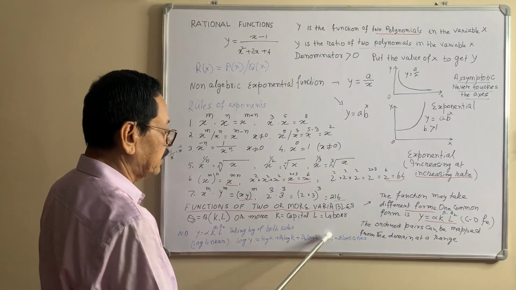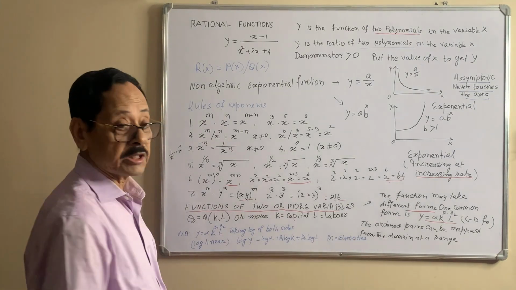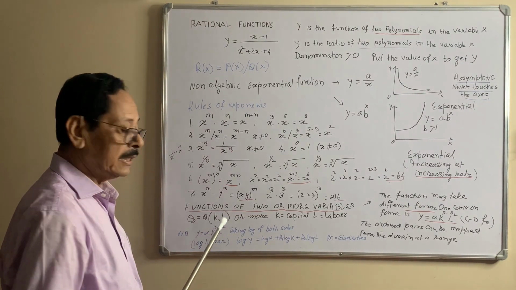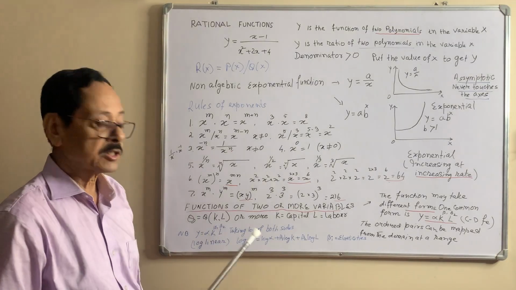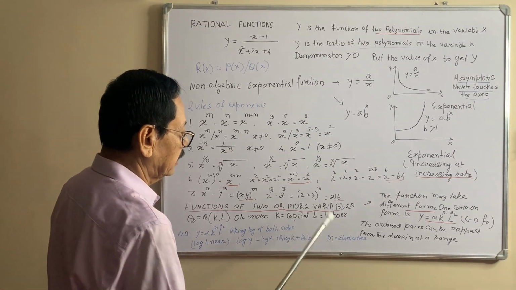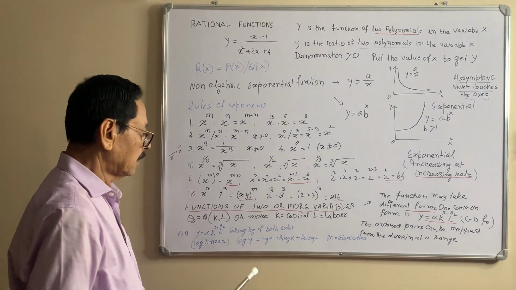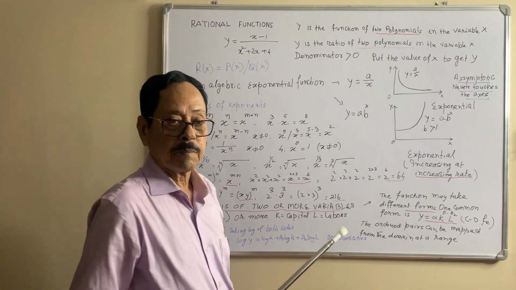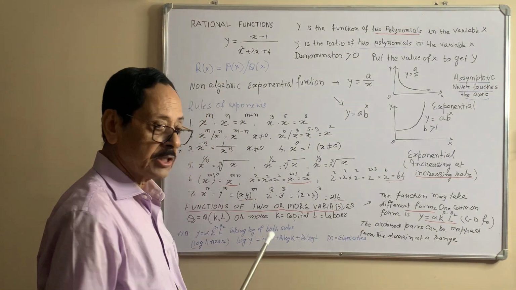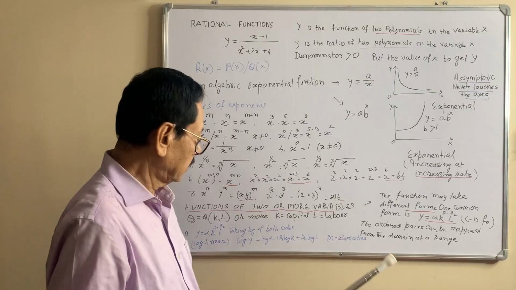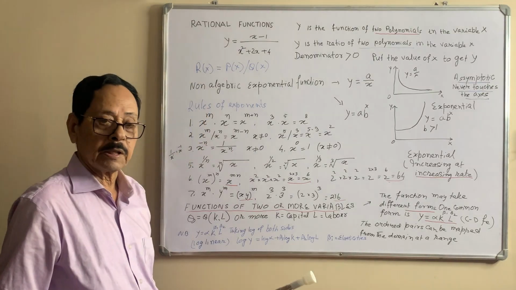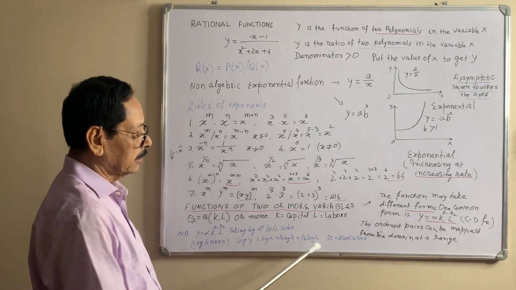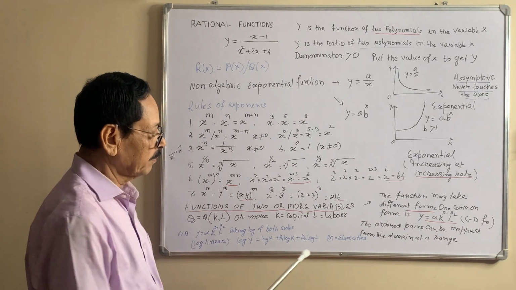Beta 1 and beta 2 are elasticities. In a power function, the power is the elasticity itself. So we can find the elasticities. It means if that particular variable is changed proportionately, whether y changes by a greater or lesser proportion than the variable, it will show the elasticity itself.